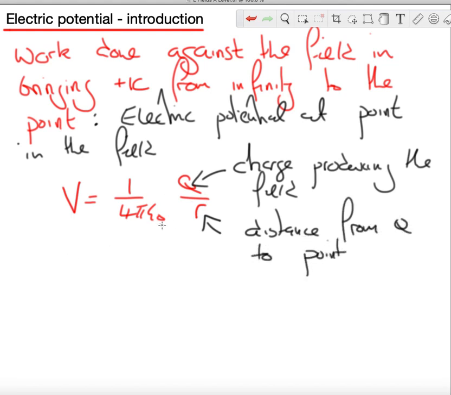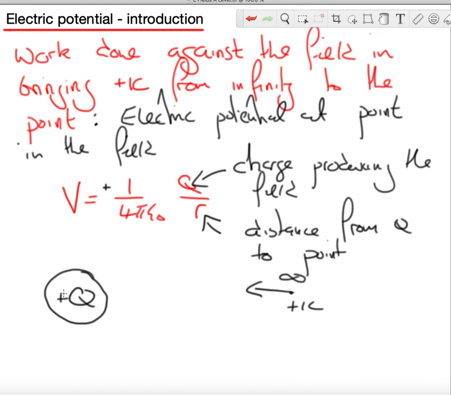So you can see that if Q is positive, then the work done against the field in bringing plus 1 coulomb in, so if we draw plus Q here and we have our test charge here, and we're bringing that in from infinity, clearly we will have to do work against the repulsive force due to the field, and so the potential will be positive.